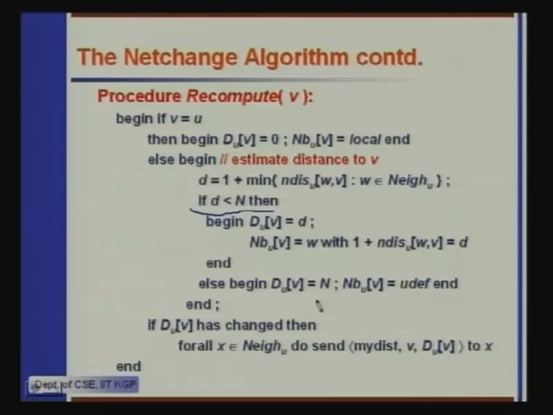When it becomes equal to n, we do not count any further, we simply set d_U(V) equal to n and NB_U(V) equal to undefined. That is where it stops, this exchange will stop there, because the moment your distance reaches n, you know that actually you are counting, there is no real path.